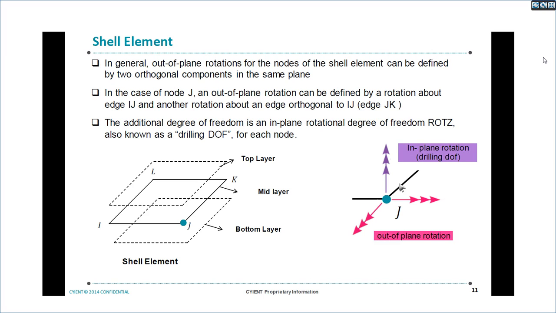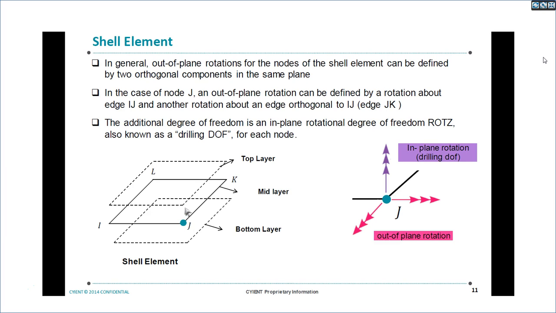There will be a third rotation, that we generally call in-plane rotation. In general, out of plane rotations of nodes of a shell can be defined in two orthogonal components in the same plane. In case of node J, an out of plane rotation can be defined by rotation about Ij, and another rotation about the orthogonal of Ij. So if you take one jth node, there will be one rotation about the edge Ij, and another rotation about Jk.